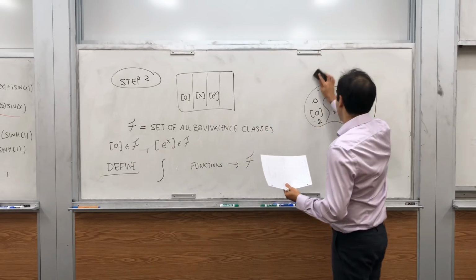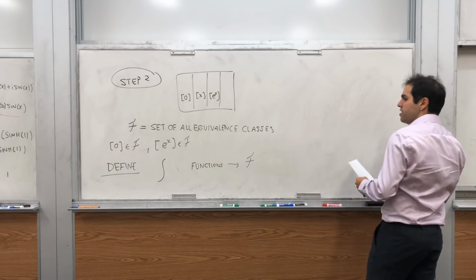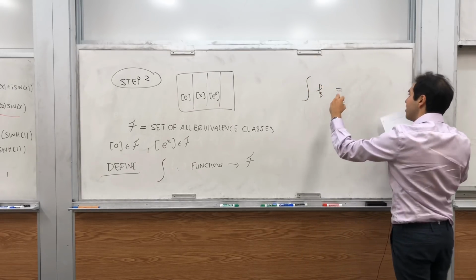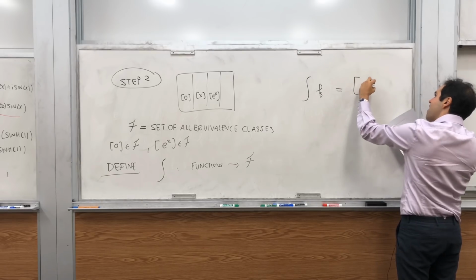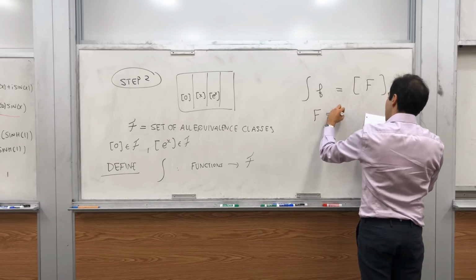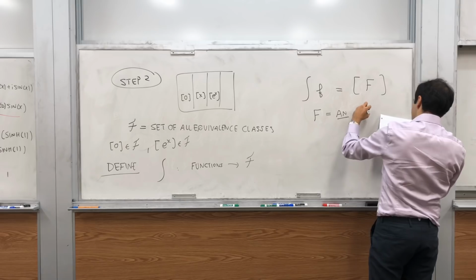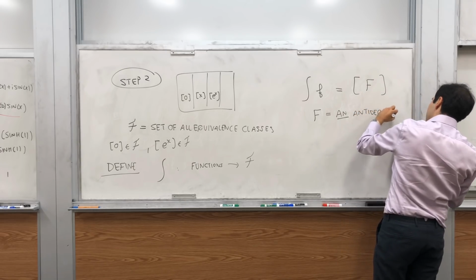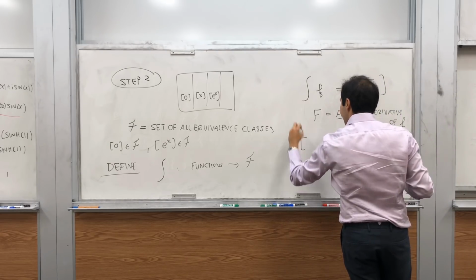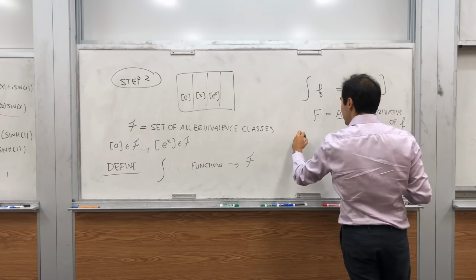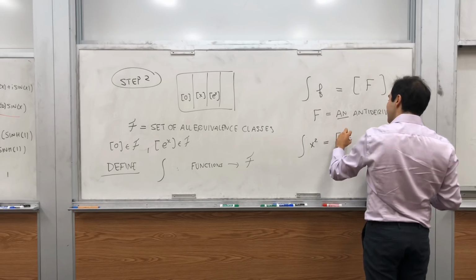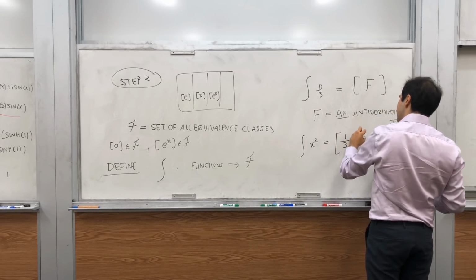So what is the input of the integral? The input of the integral is just a function, and what it spits out is the class of an antiderivative of little f. For example, the new integral of x squared becomes the class of the function 1/3 x cubed.